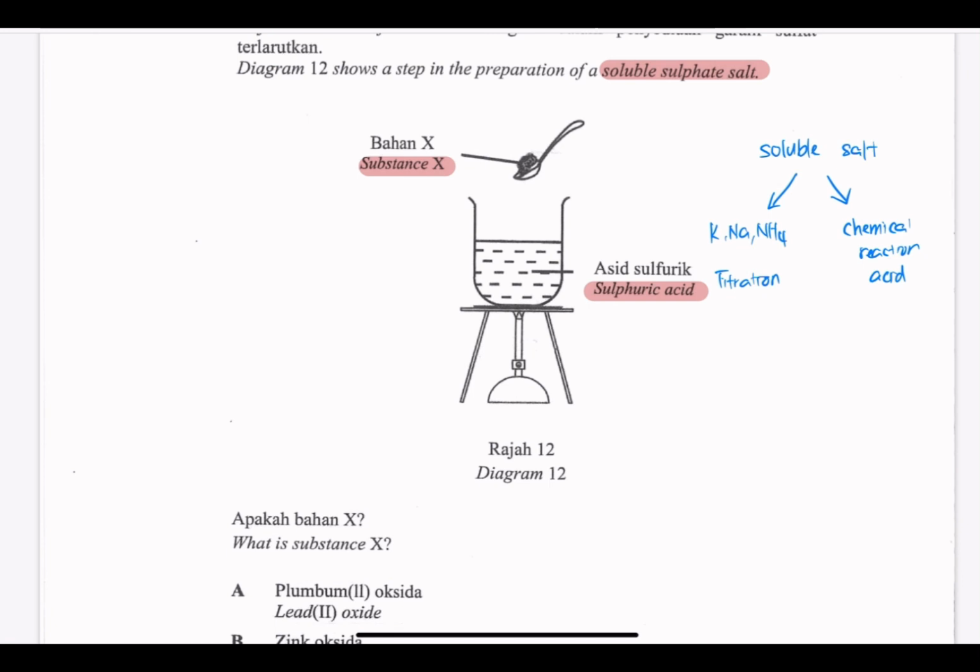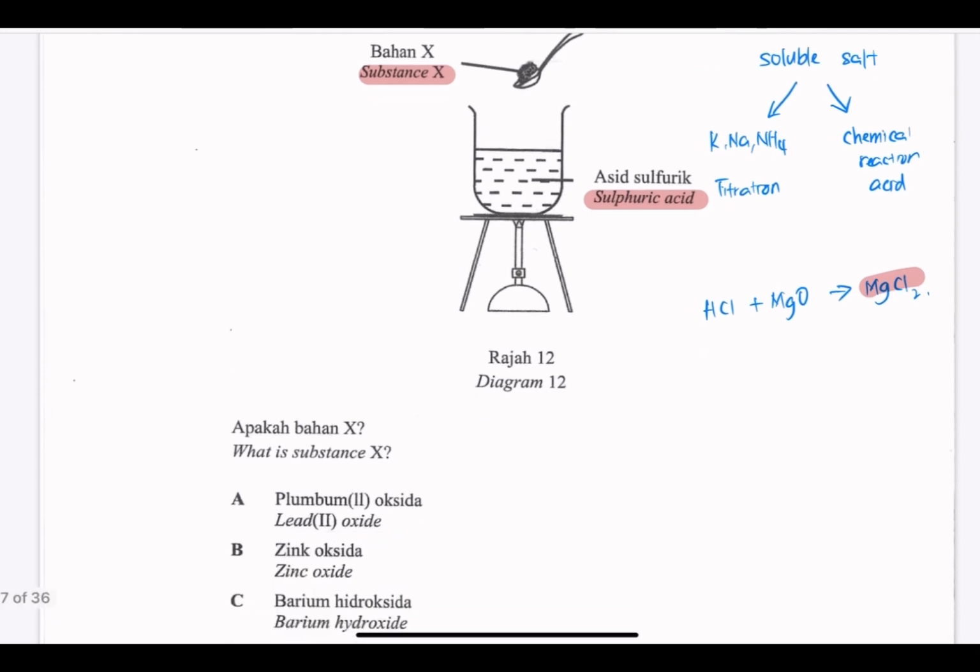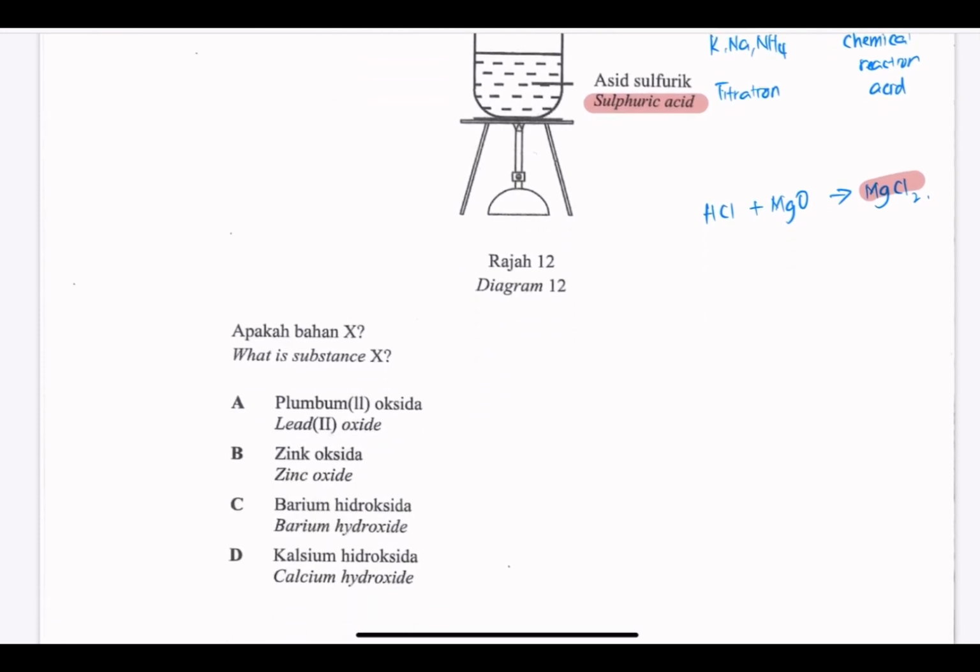For example, hydrochloric acid reacts with, let's say, magnesium oxide. You will get magnesium chloride. This is our soluble salt. Now in this question we have sulfuric acid, so you just have to react it with a reactive metal or metal oxide. You have to identify which one is a soluble salt of sulfate.